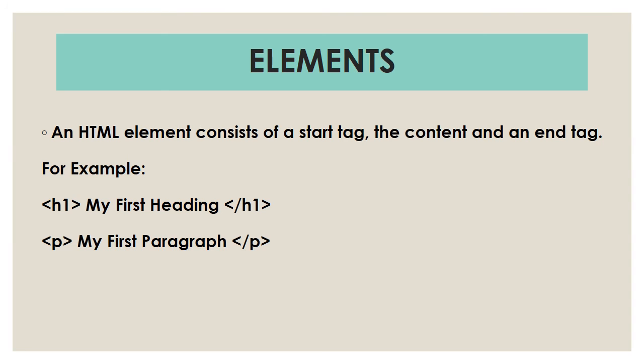You give the start tag h1, then the content, say My First Heading, and then the end tag, that is /h1. And if you want to start a new paragraph on a web page, you give the start tag p, then the content, say My First Paragraph, and then the end tag, that is /p.